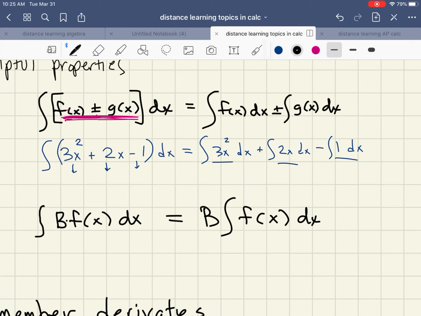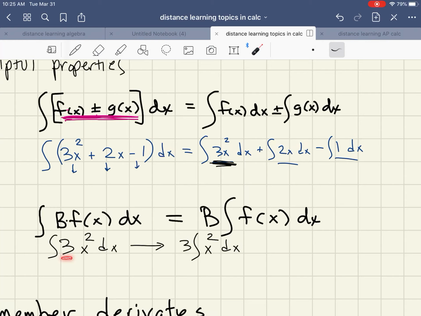Taking a look at just this one piece right here, it doesn't matter how I look at it. I can factor out any constant term and bring it right outside of the integral symbol. It doesn't matter.